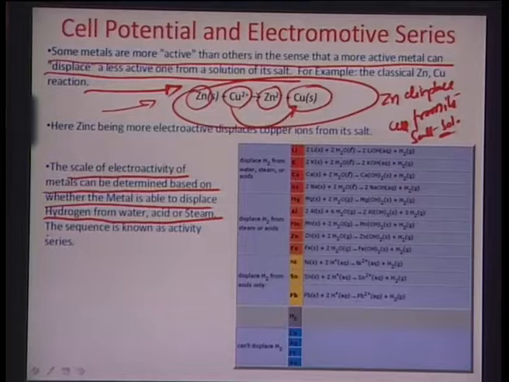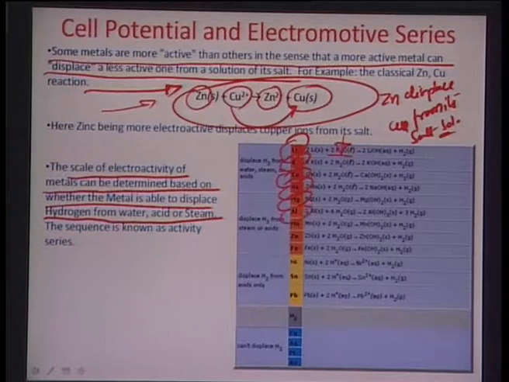If you take H2O in any form, be it steam, or in equilibrium with an acid, or just in the water state, how actively the metal can displace hydrogen gives it a position on the electroactivity series.